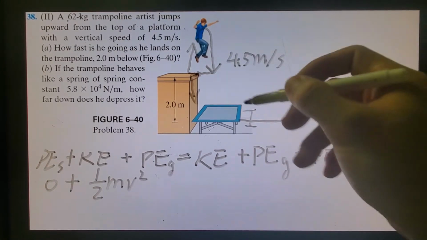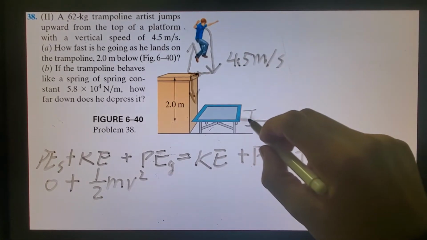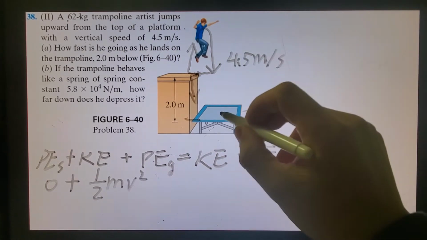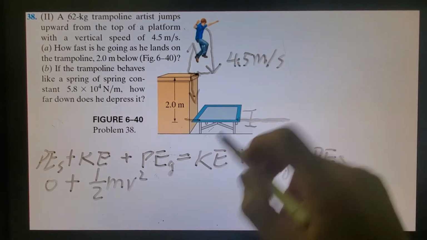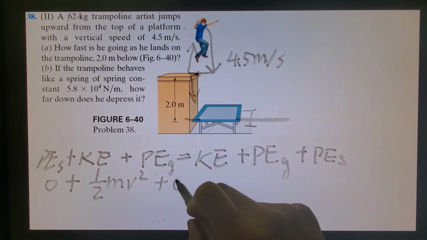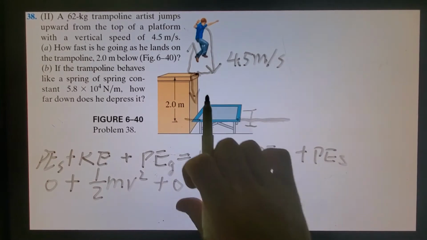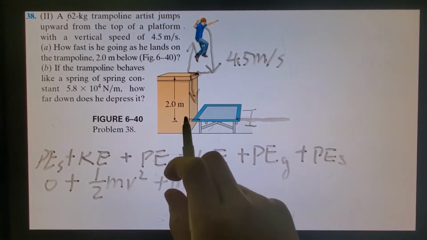However, when it comes over here and moves a little bit, let's look at two different things. If we want to see the speed right before it touches the trampoline, potential energy in this case will be 0, because I call this 0 over here. In fact, it's mgh, however the h will be equal to 0.